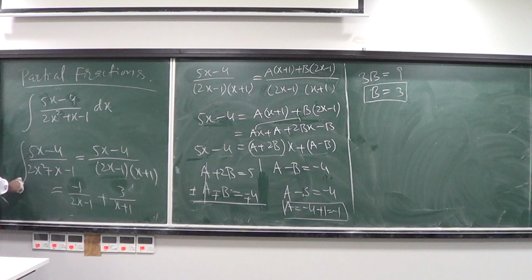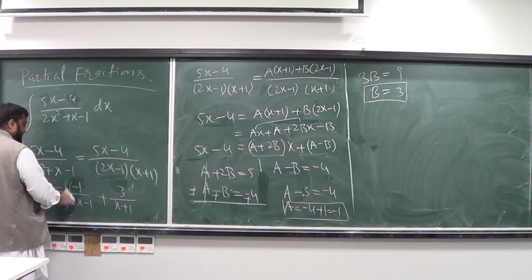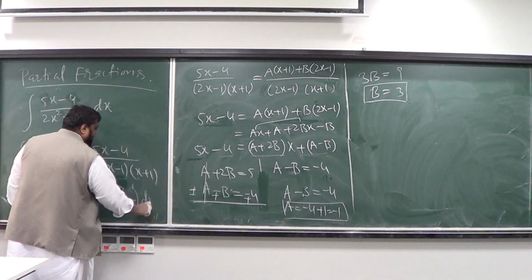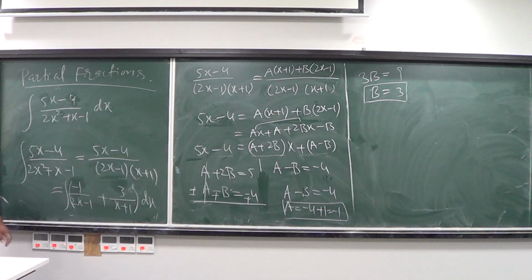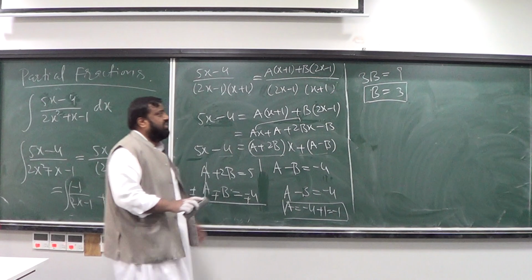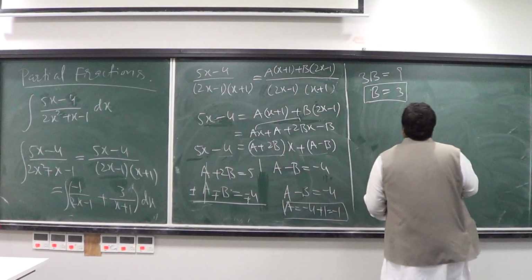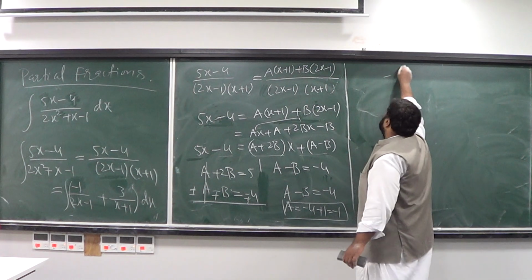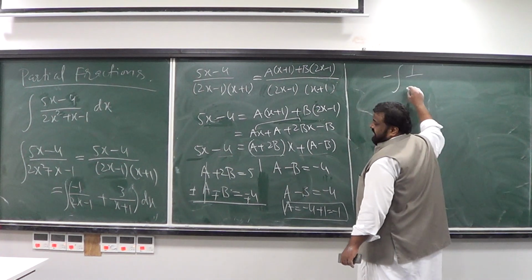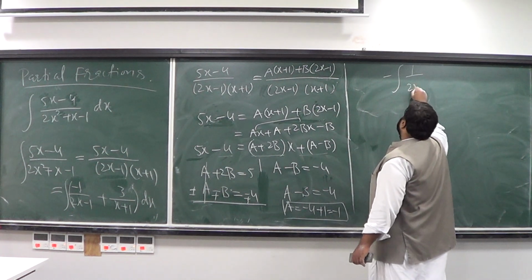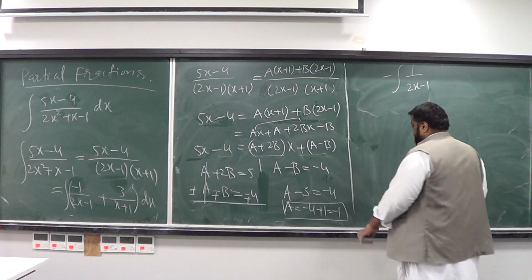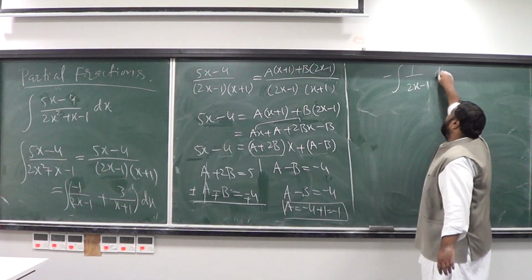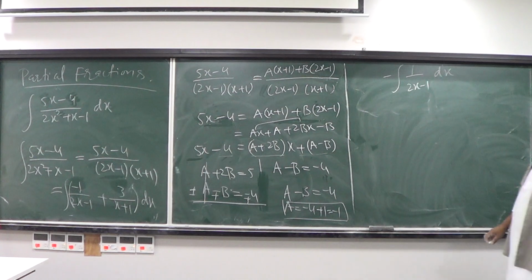So if you want to integrate these expressions, it's not difficult to integrate these two expressions. Okay? For example, what is the first integral? Minus 1 over 2x minus 1. So what should be the integral of this quantity?